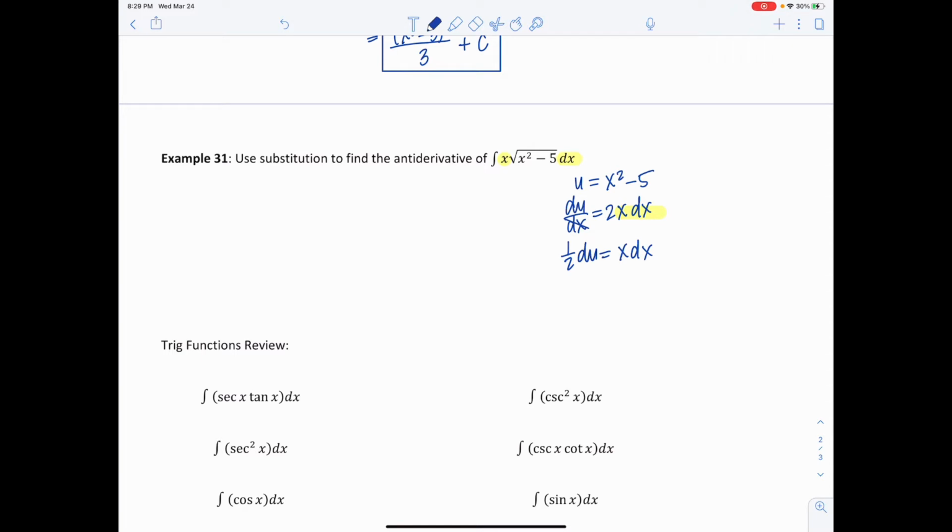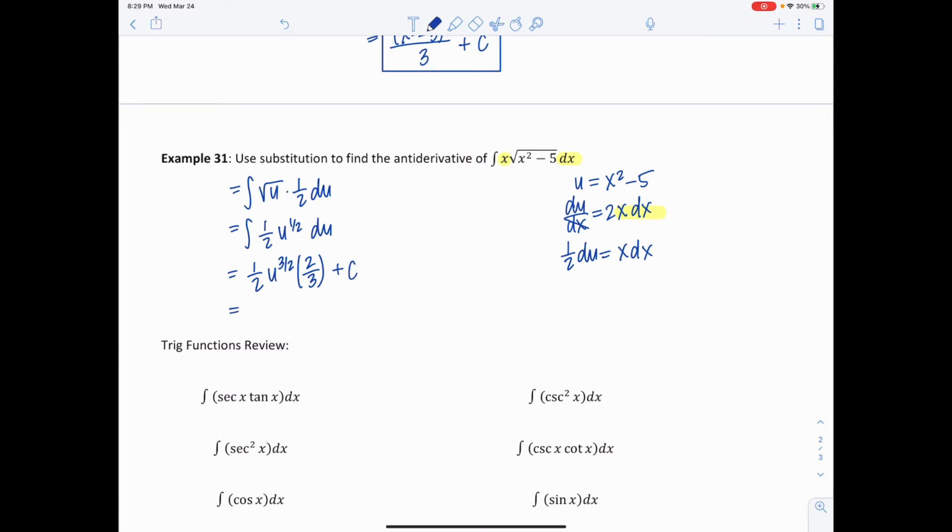So my integral now becomes square root of u times 1/2 of du, which I'm going to rewrite as 1/2 u to the 1/2, and then take the integral. The 1/2 stays in front, add 1 to the exponent, and then multiply by the reciprocal, or divide by the new exponent, plus c.